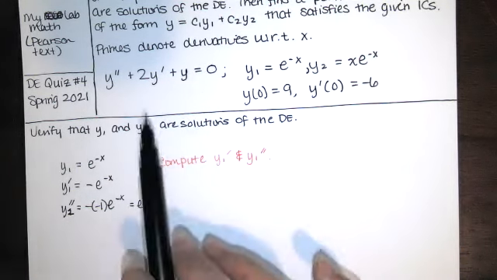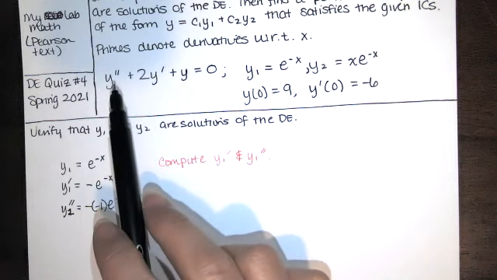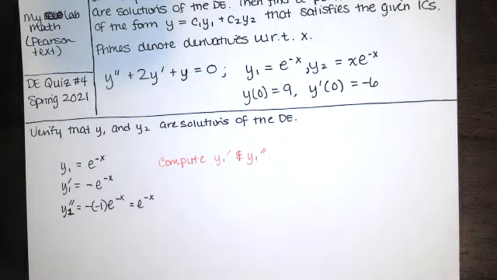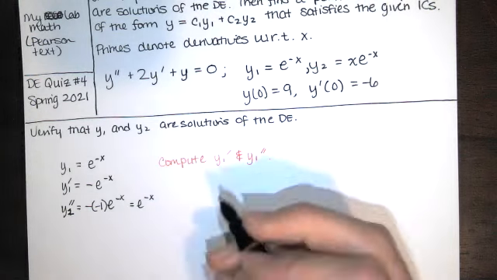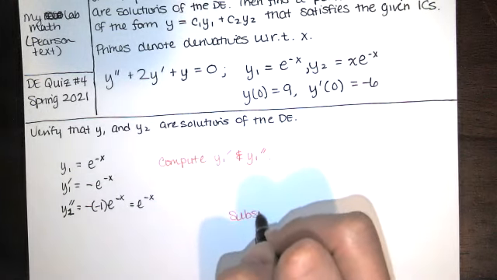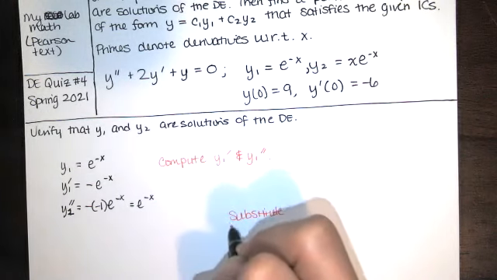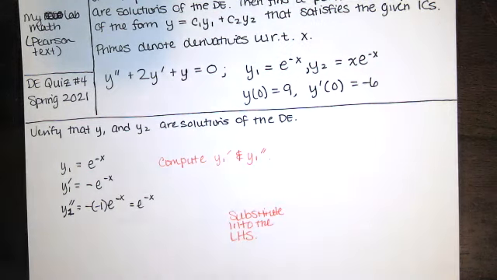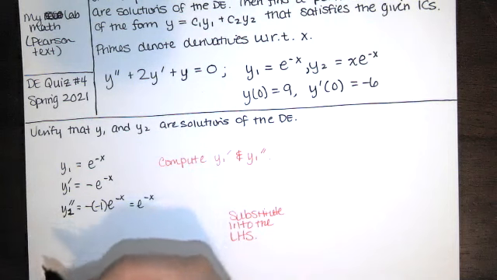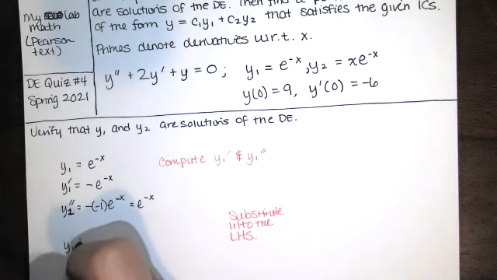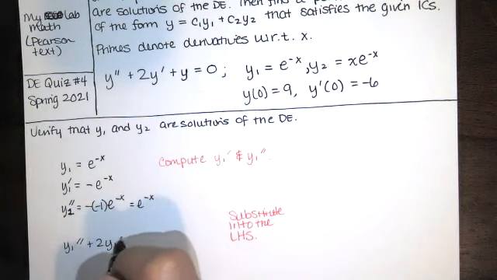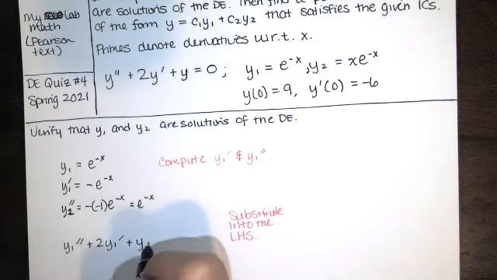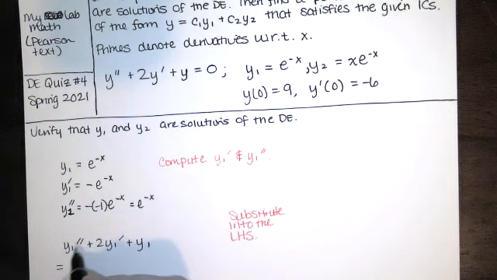Now, if y1 is a solution of the differential equation, I should be able to substitute into the left-hand side and get the right-hand side. So we'll substitute in the left-hand side first. y1 double prime plus 2 times y1 prime plus y1 is equal to y1 double prime, that's e to the negative x.